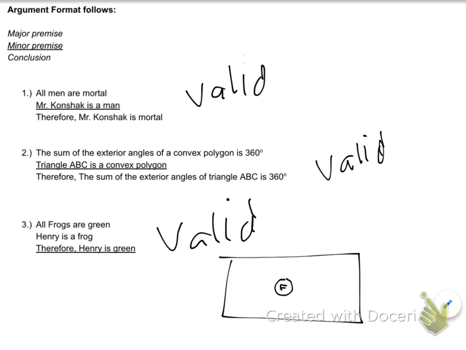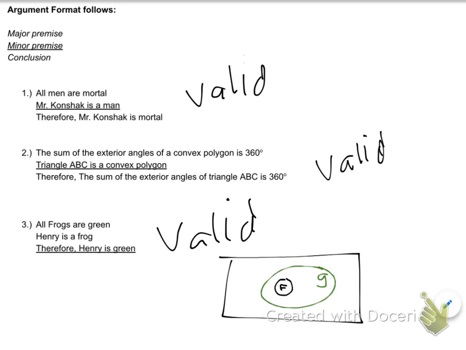Now, it's saying that all frogs are green. That means if I made another circle for green things, would you agree that the F circle, frogs, have to be completely located in the things that are green? So the green circle are all things that are green.